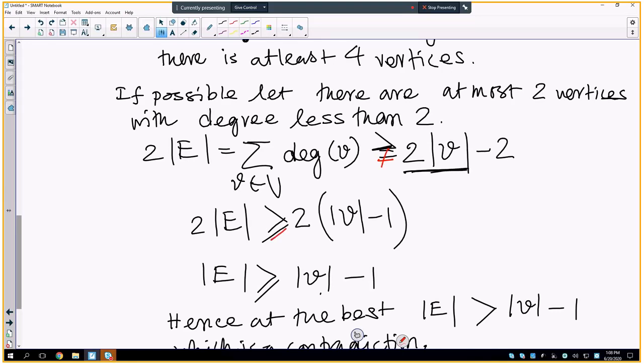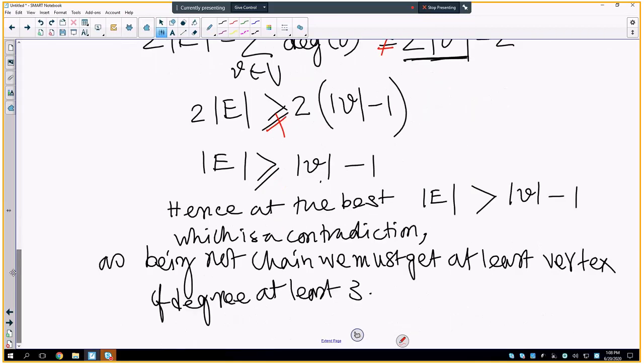So all these greater or equal to, I could have made strict inequality. So this one is a strict inequality as well. And hence I get to say that order of E is strictly greater than order of V minus 1, which is not true. They must be equal to each other because your graph is a tree to start with. Hence I get to say that, thus, there are at least 3 vertices of degree precisely 1, because assuming not so, we get a contradiction.